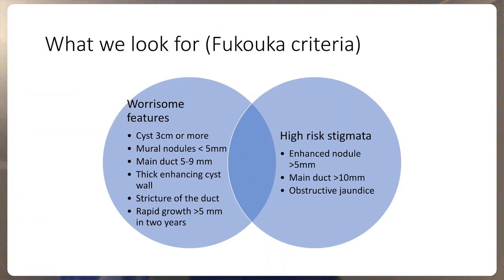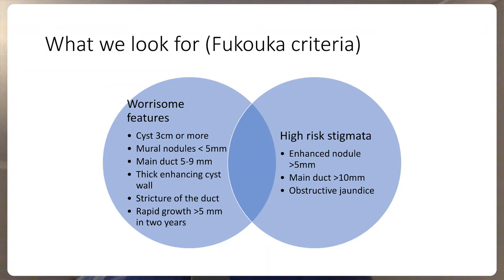Now, this disease is problematic because of the high risk of malignancy associated with main duct involvement. So there are certain criteria that we have to follow. And these criteria have been studied heavily and revised recently in a paper, and this scheme is called the Fukuoka criteria for IPMN.